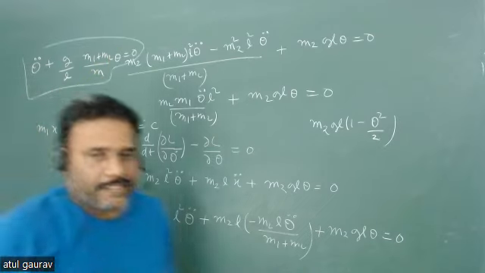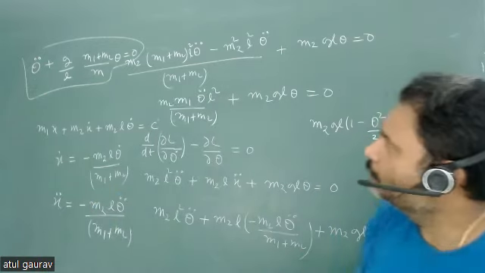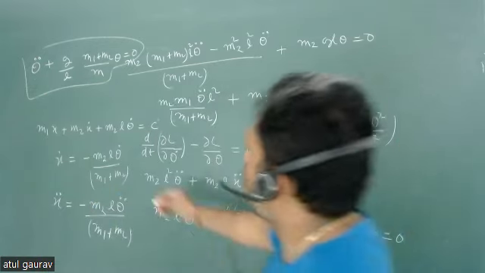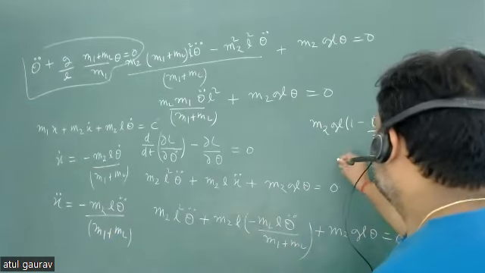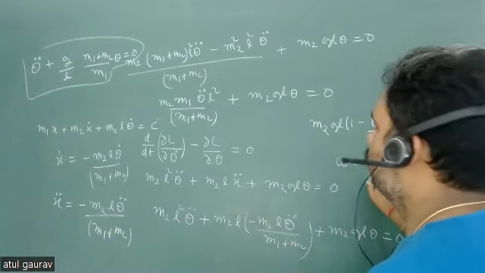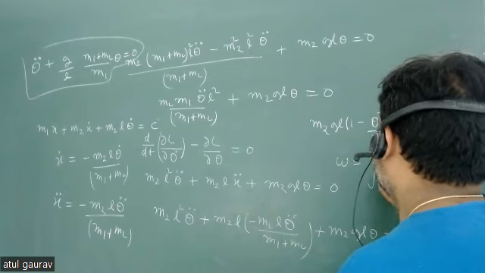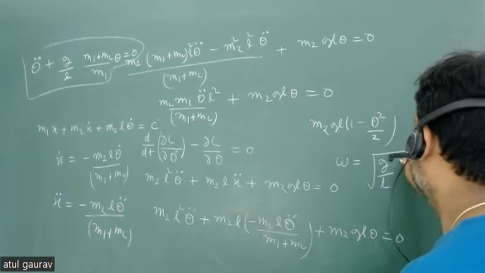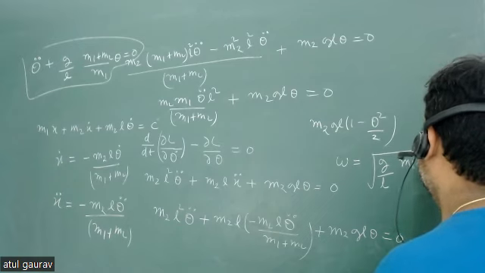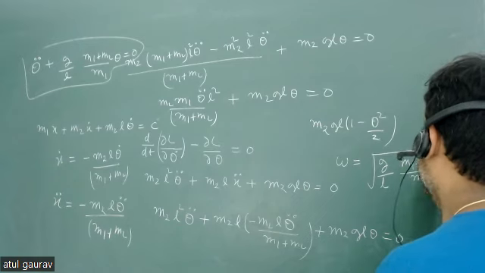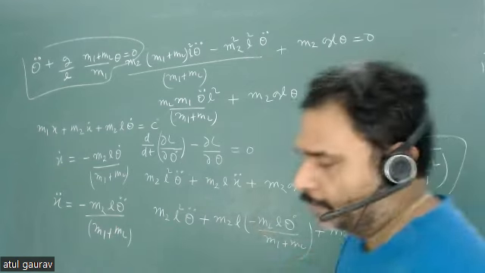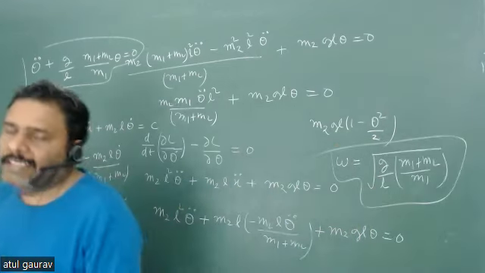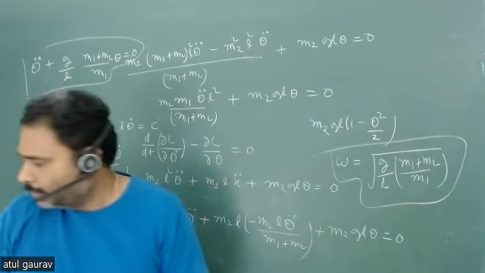So what is your angular frequency? Tell me. So omega is equal to root under g upon L times m1 plus m2 by m1. This is your answer. And now you can recheck whether it is correct or false.